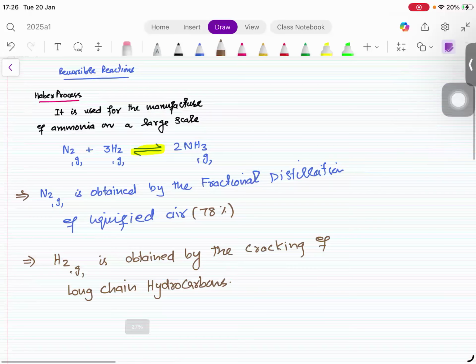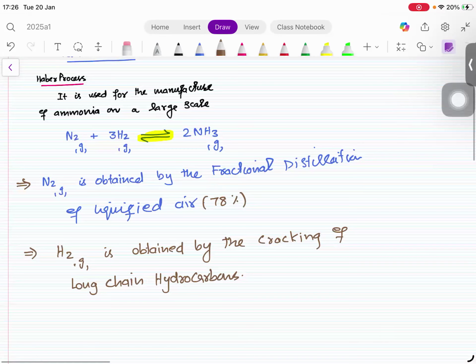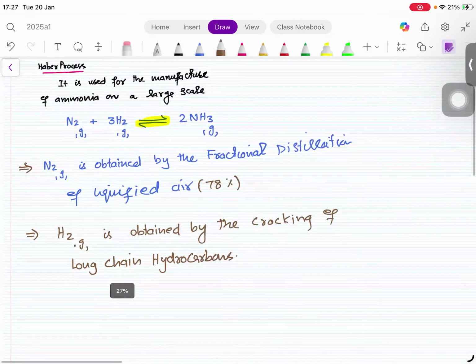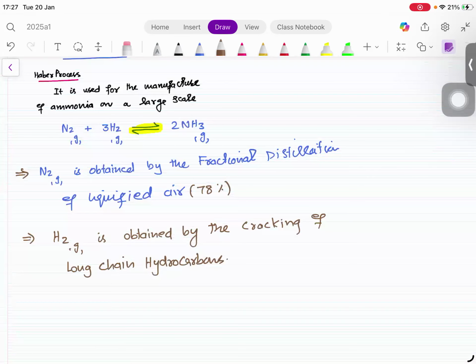So at this moment, you just need to keep in mind that the hydrogen is obtained by the cracking of long chain hydrocarbons. Cracking is the phenomenon which happens in the petroleum industry, where they convert the less useful chemicals, the lubricating oil and diesel and all that, into more useful ones. So these are the two sources. Now we have the nitrogen and hydrogen. We mix them to form ammonia.